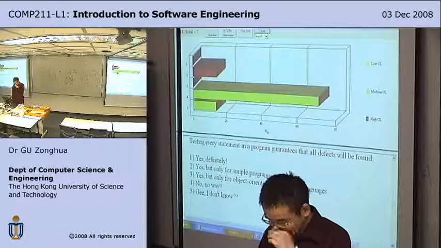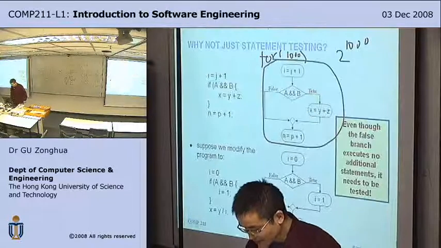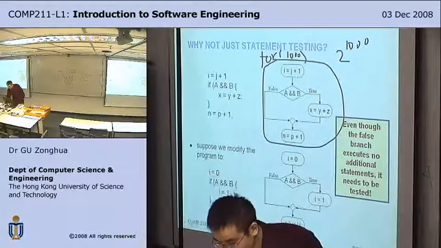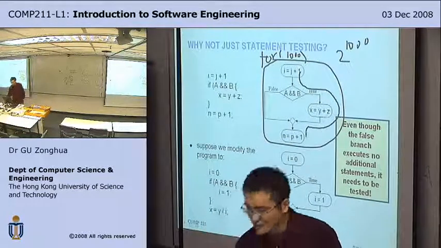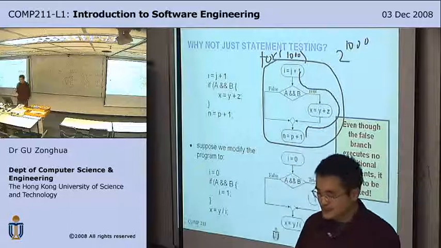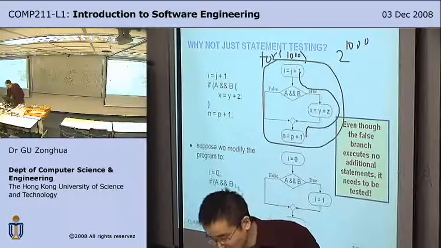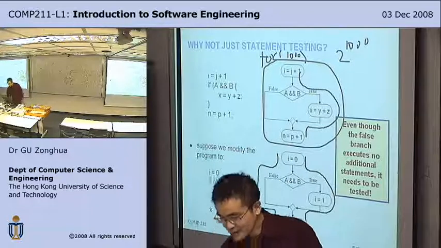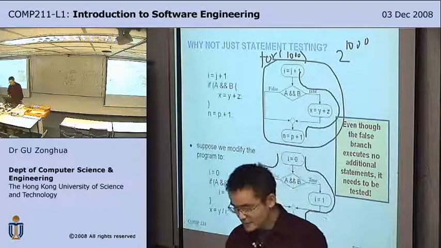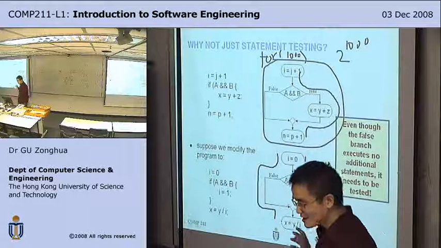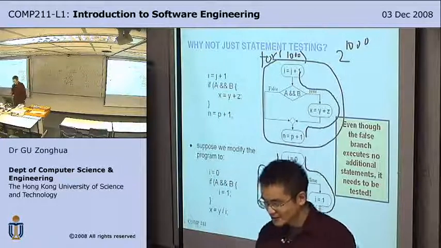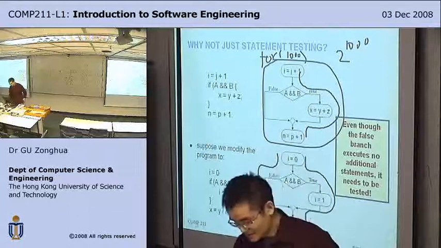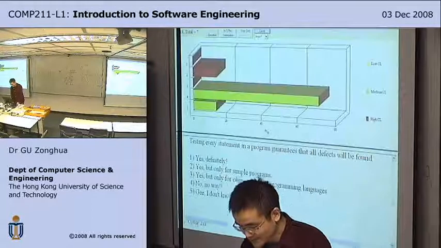So that's the example. By testing all the statements, you can take this right branch. This covers all the statements, but it's not enough, because if you take the left branch, it causes a division by 0 error. If you take the right branch, it doesn't have the error. So if you only test the right branch, you cover all the 4 statements, but you still have a bug you haven't discovered. Therefore, you need to cover all the paths.